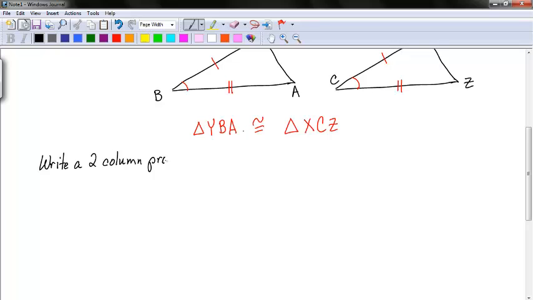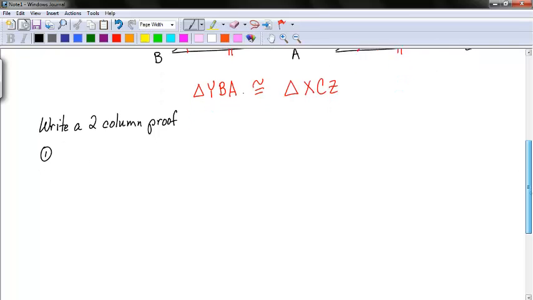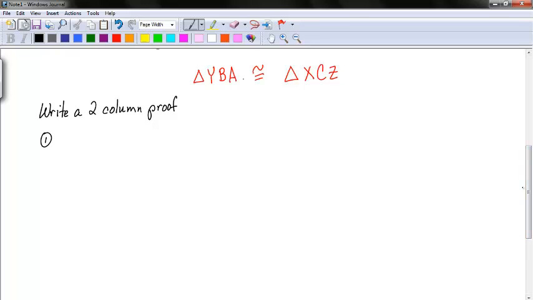Whenever we do a proof, they will give you information, and they usually give you a picture, and it's almost critical that you write down the given and draw the picture.